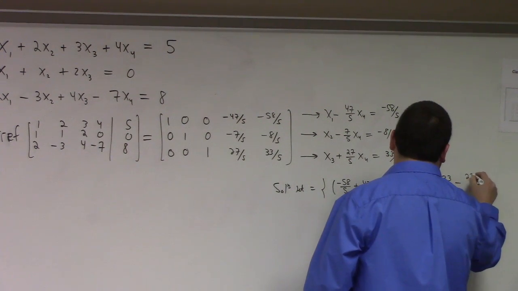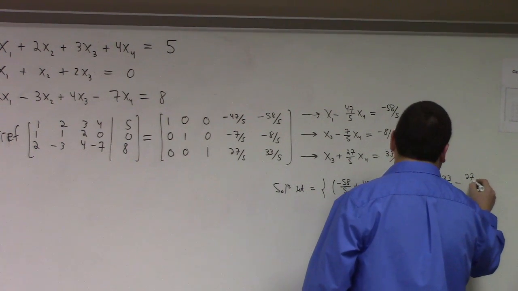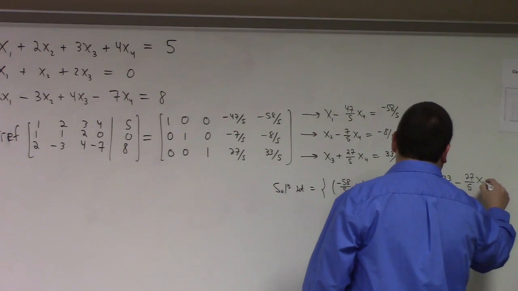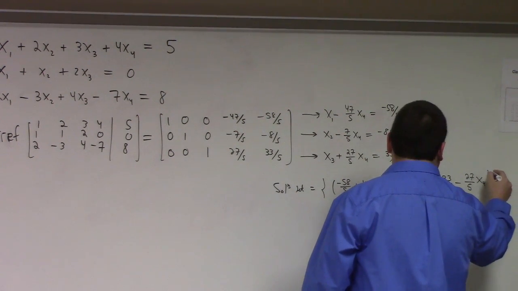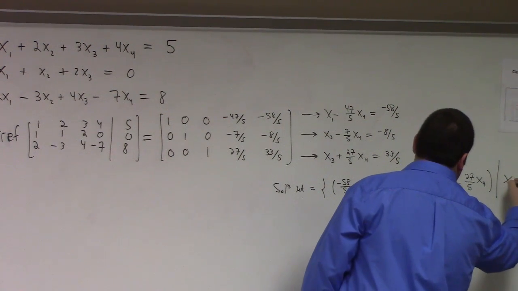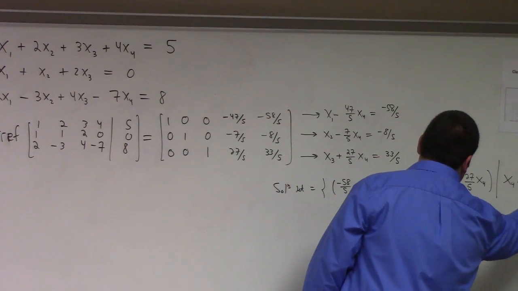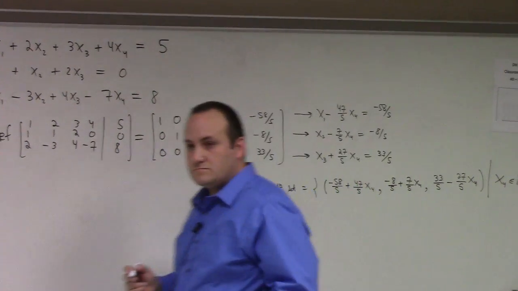That's what I'm doing, guys. I'm solving for x1, x2, and x3 respectively, and I'm writing them in terms of x4. See, x4 is going to serve as what's known as a parameter or a free variable in the solution set. The solution set in this case is infinite.